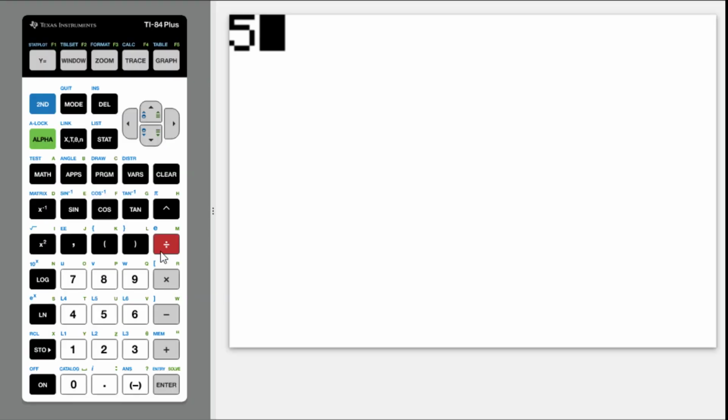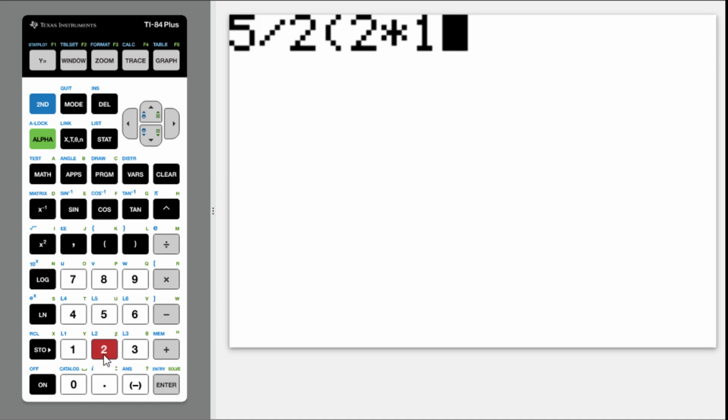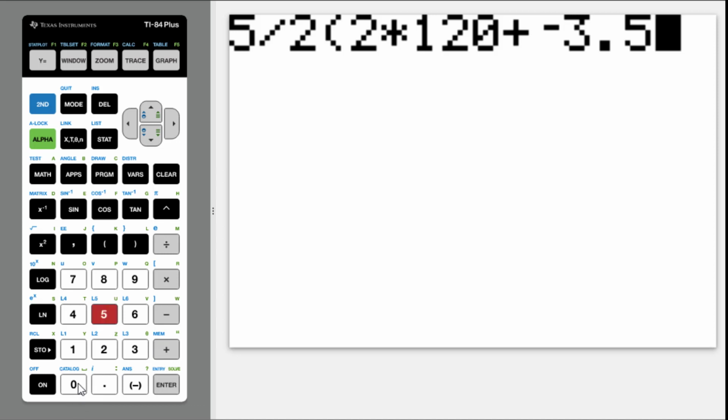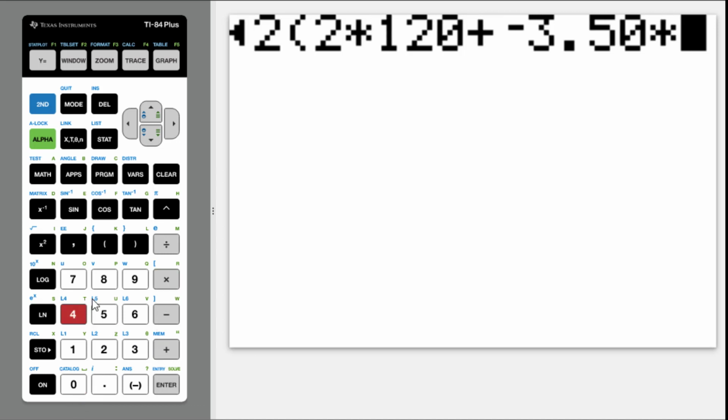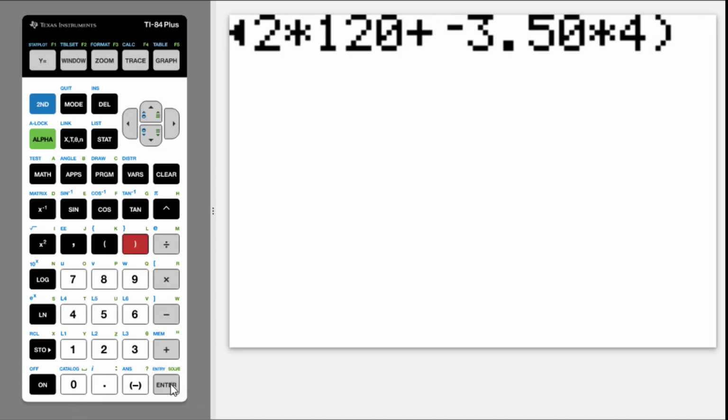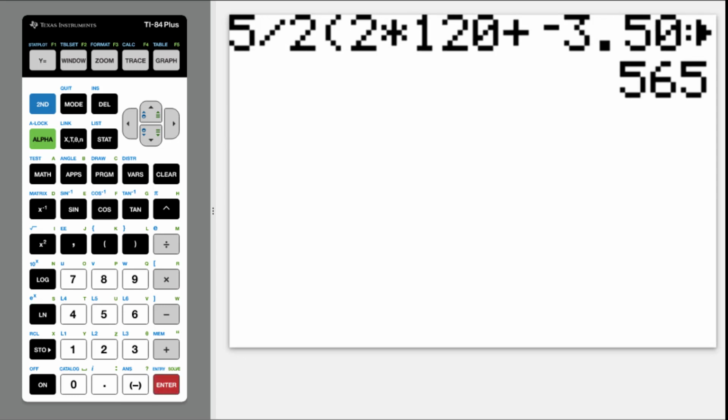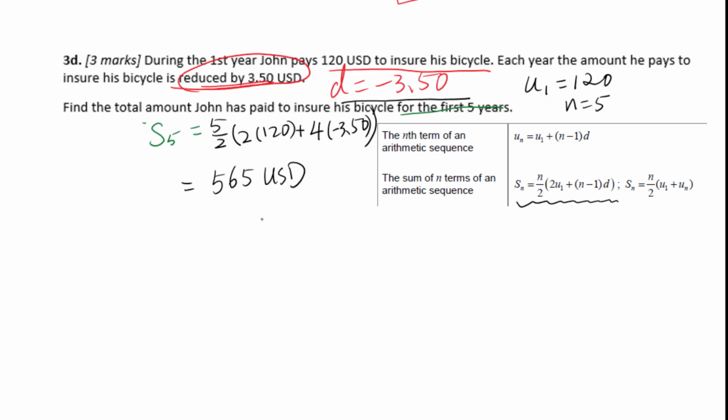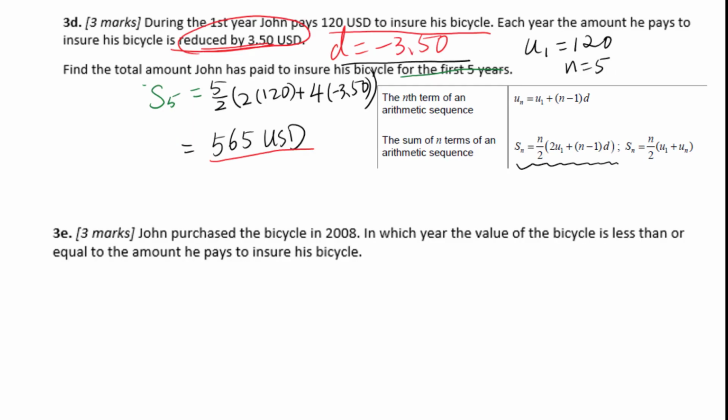Enter. The answer will be $565. So the answer is 565 US dollars.